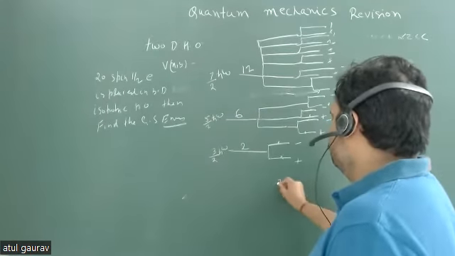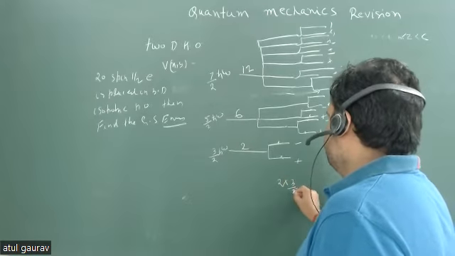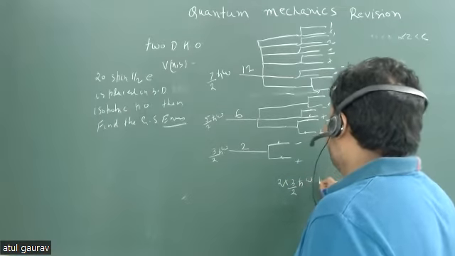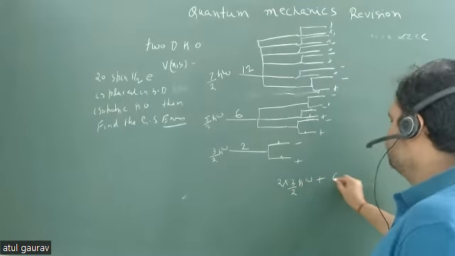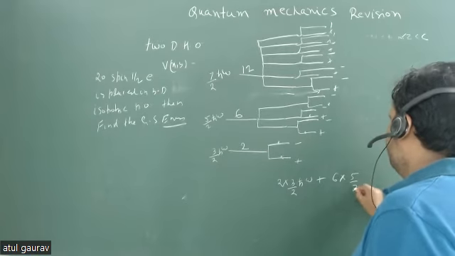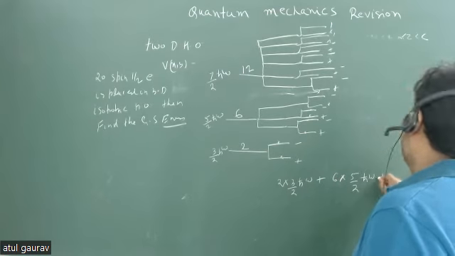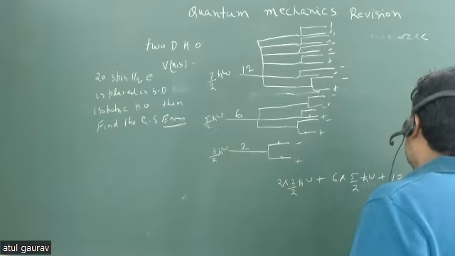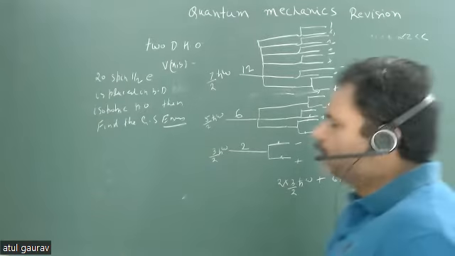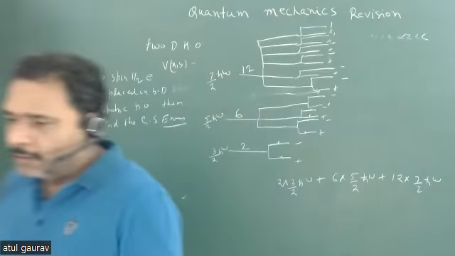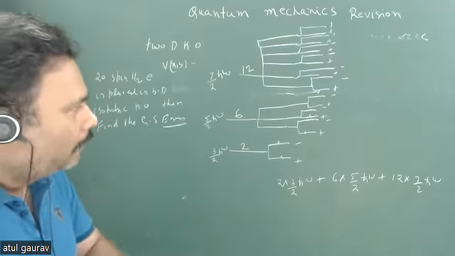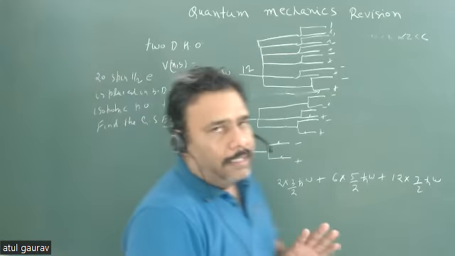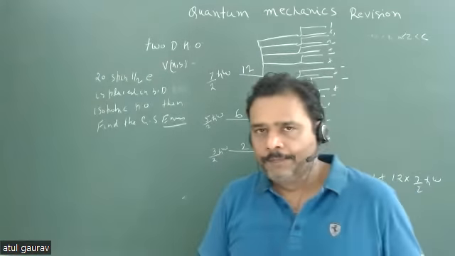So your energy is 2 into 3/2 ħω plus 6 into 5/2 ħω plus 12 into 7/2 ħω, and you can easily calculate this. This type of problem will always come into your exam, and you have to prepare very well.